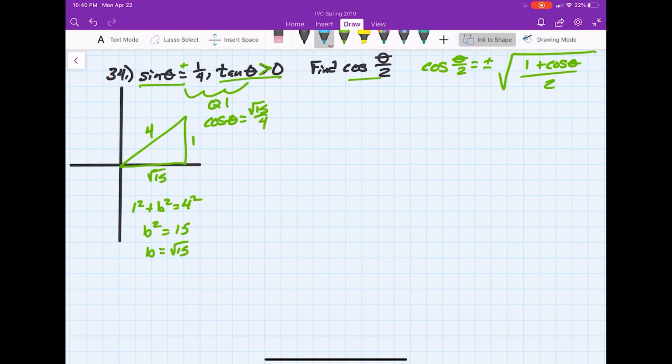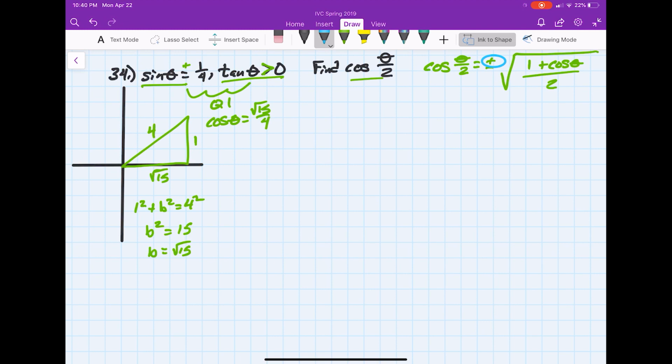Now we can just plug this into the half angle identity that we were using here. Again, we're only going to use the positive portion of this identity because we are in quadrant 1, and cosine needs to be positive here. So we have the square root of 1 plus square root of 15 over 4, all divided by 2.